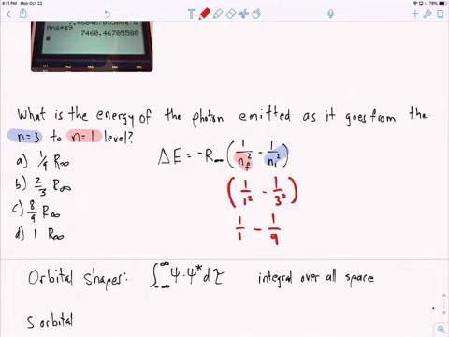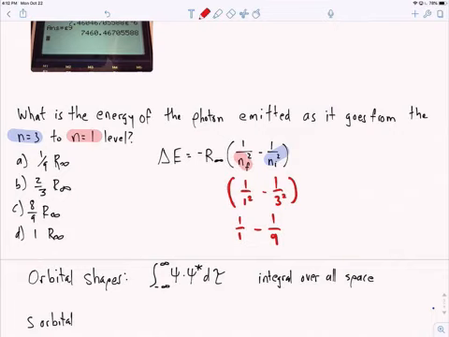Some people think that this energy change of the electron, or the energy of the photon, is equal to 1/9 Rydberg. How many think it's 2/3? How many think it's 8/9? Okay, everyone's going for that. So it's just final is 1.